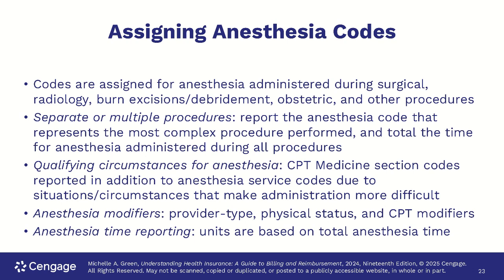When we talked about the anesthesia section, we also talked about the fact that there are physical status modifiers. We talked about, and that was actually just last week, an anesthesia formula. We also talked about what are known as qualifying circumstances, add on codes, which happen to be, from a placement perspective, in the medicine section of the CPT manual, but we use them in anesthesia. And if you look at your anesthesia guidelines, they are actually located there as well.